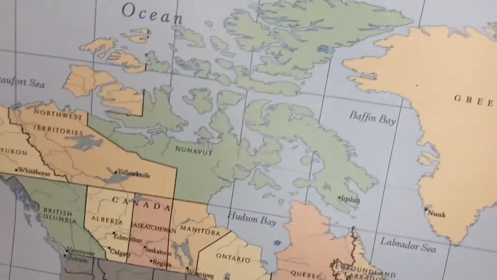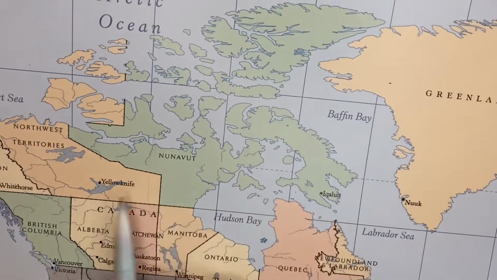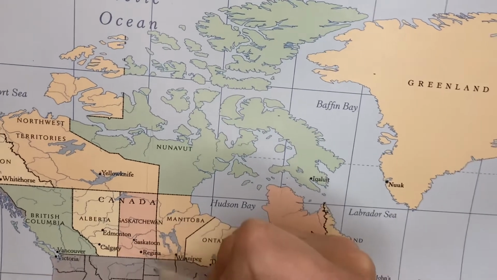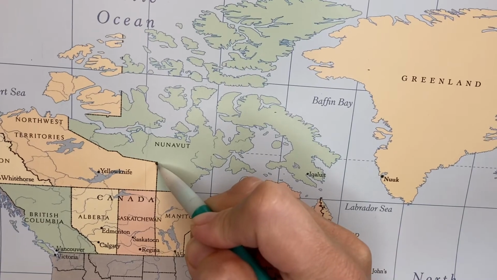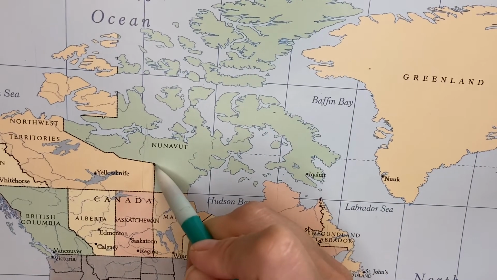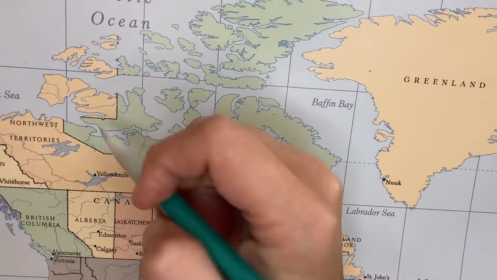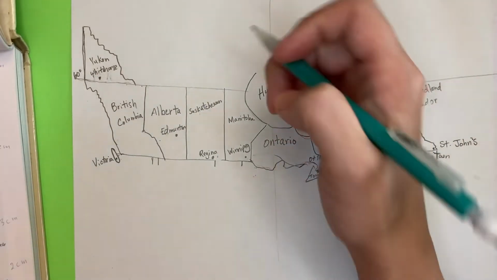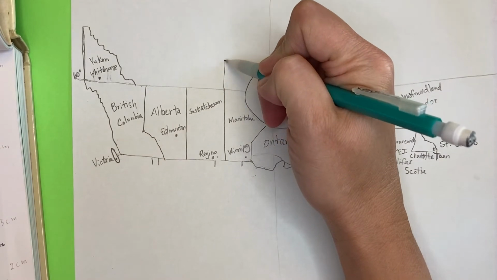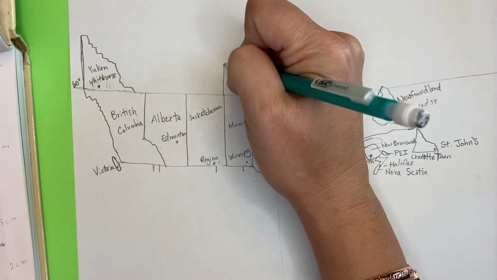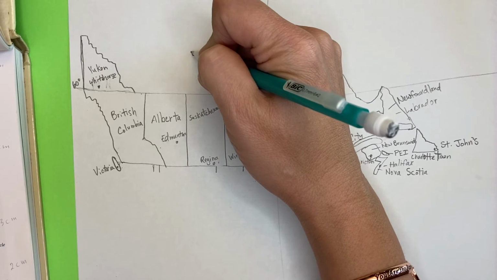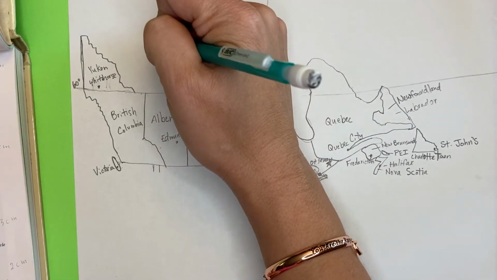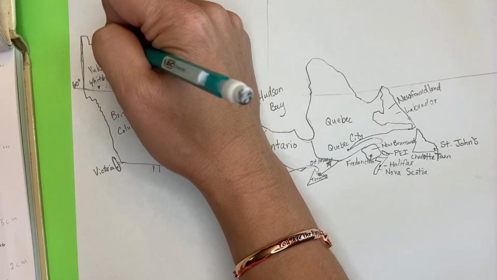Yay. All right, so the next thing we're gonna do is the Northwest Territories, and if you see the border of Saskatchewan and Manitoba, it goes straight up, okay? So we're gonna go straight up through that line, then there's like a little triangle, and it goes up, and there's that. So ready? We're going to take this line, go straight up. Okay. Then it kind of goes up at an angle, and then there's a little triangle, and then it goes up some more, and then it's kind of just curvy.